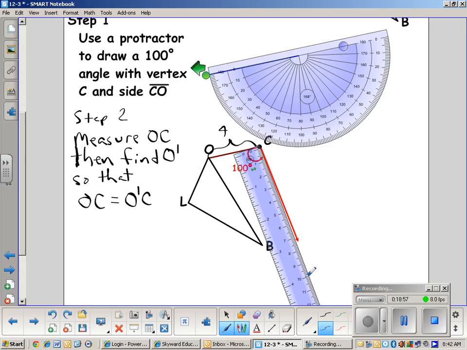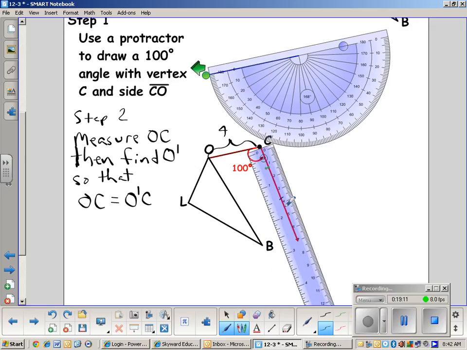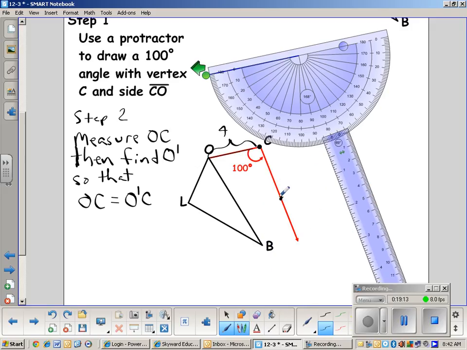C is always on that line. I meant to say O prime has to be on that line. And so we measure from O to C. We got 4. Now we're going to measure from C to O prime, which is right there at 4. So this point right here is O prime. Okay? That point is O prime.